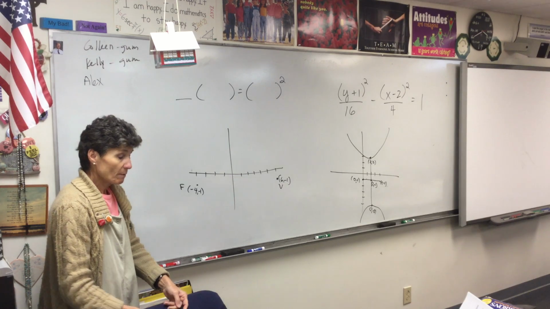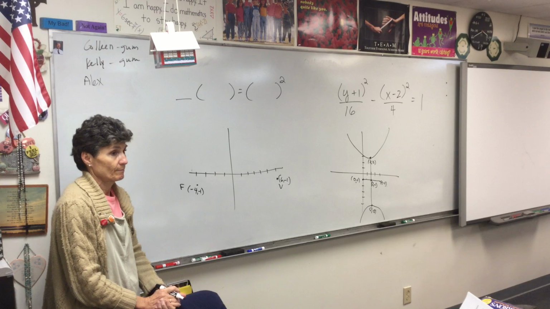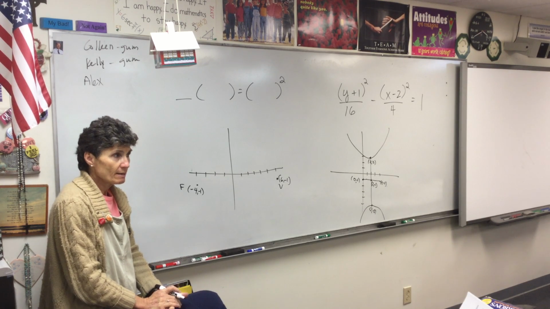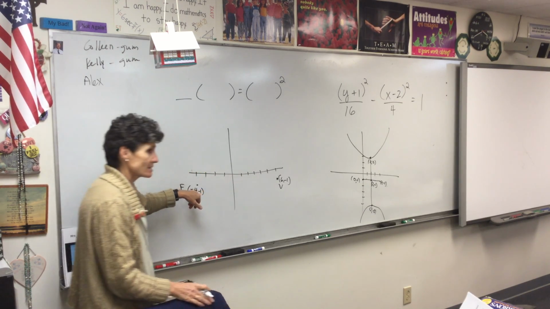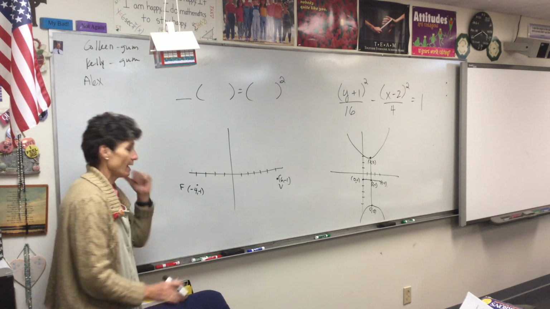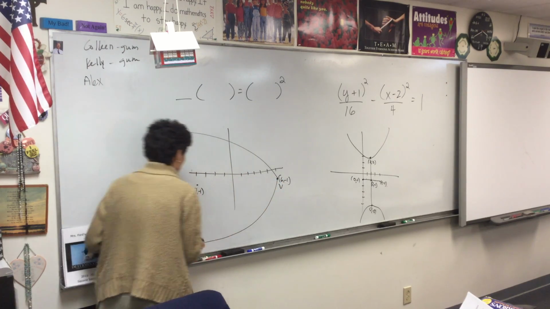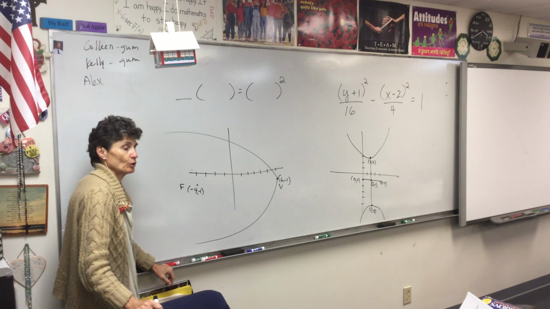Now you need to know enough about a parabola to determine what this shape looks like. Parabolas, remember, open either up, down, left, or right. If that's the vertex and that's the focus, which way does this one open? Left. That's right, Megan. Because it's got to come around, it's got to enclose its focus. The focus is inside the curve.